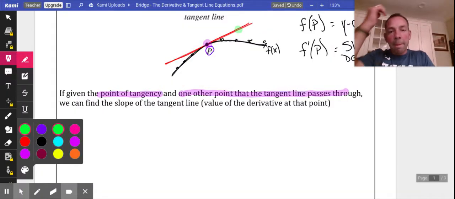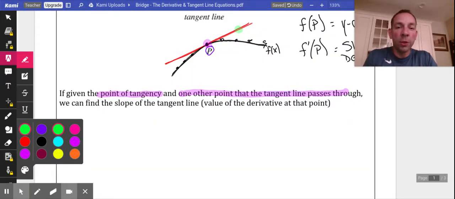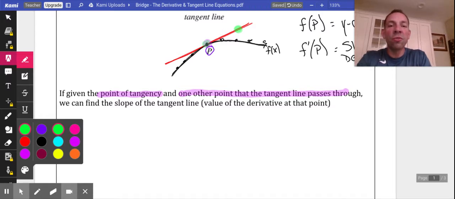Using those two points, can you find the slope between them? Easy peasy. The slope between this point and this point is equivalent to the derivative of f at point P. So finding the slope from this point to this point is like finding the derivative at P.